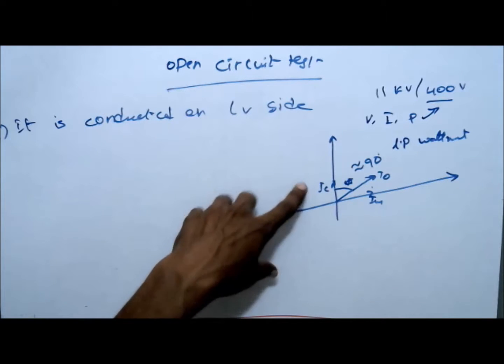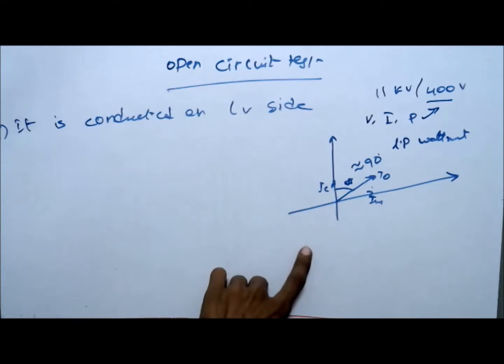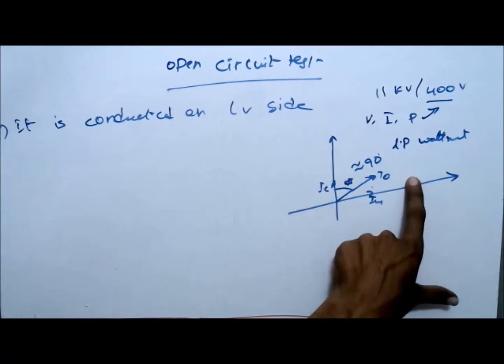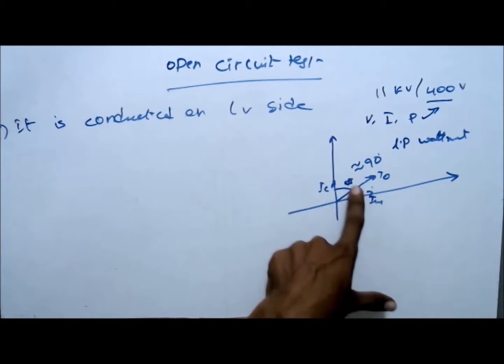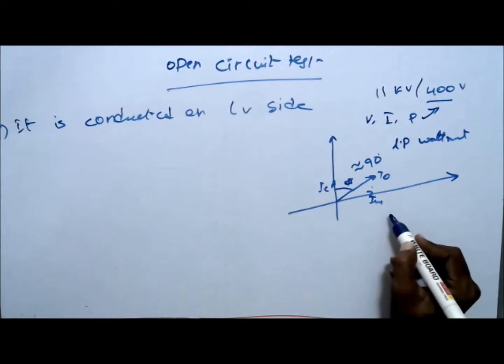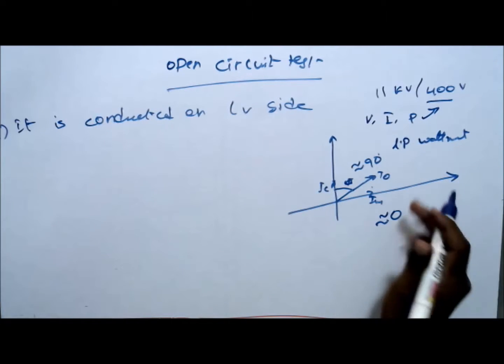If you neglect the no load losses or RC, then I0 is exactly in phase with IM, so the power factor is nearly equal to 0. That's why we will use a low power factor meter here.